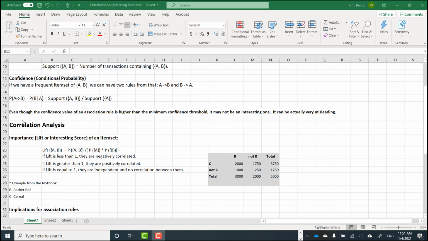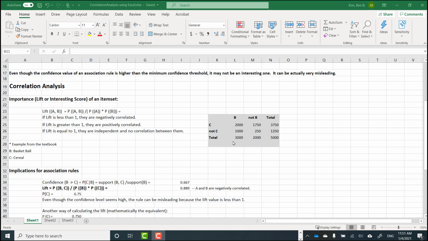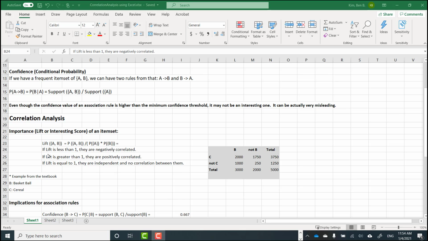When we do a correlation analysis, we calculate a measure called the lift. We just did it, but let me do it again. The lift between A and B is the probability of A and B divided by the probability of A times the probability of B. The important number you need to remember as far as the lift is concerned is 1.